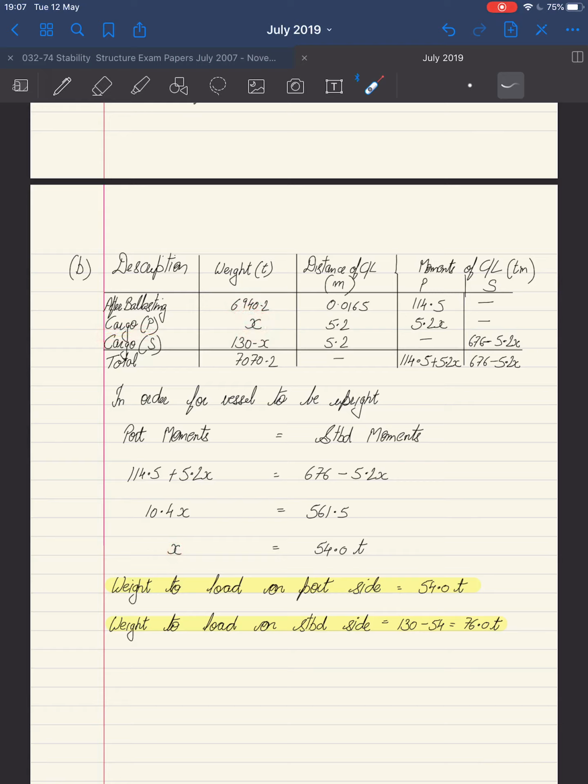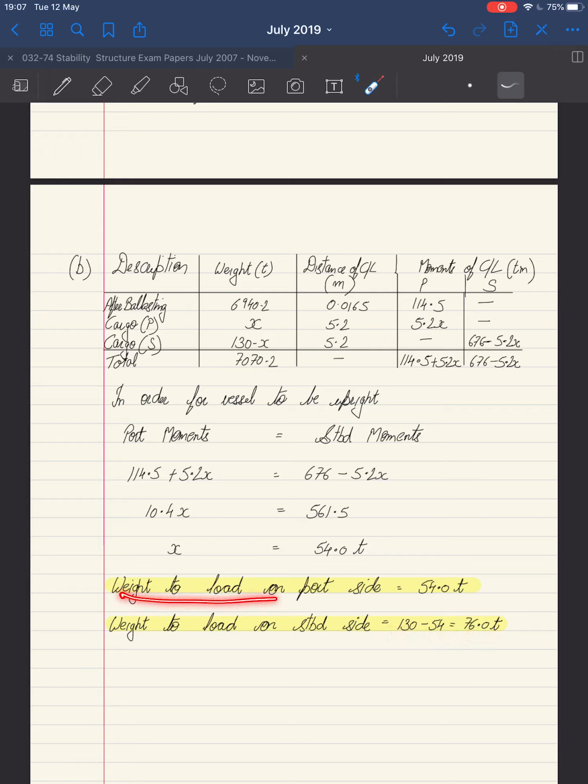Now cargo loaded on starboard side was 130 minus x, which gives us 130 minus 54, which is equal to 76 tons.